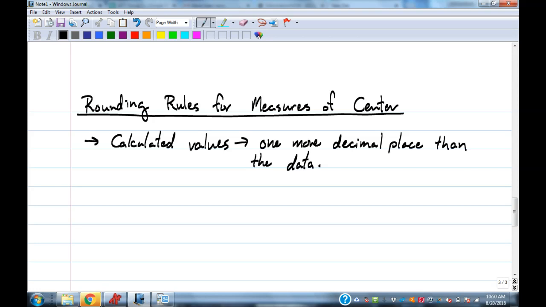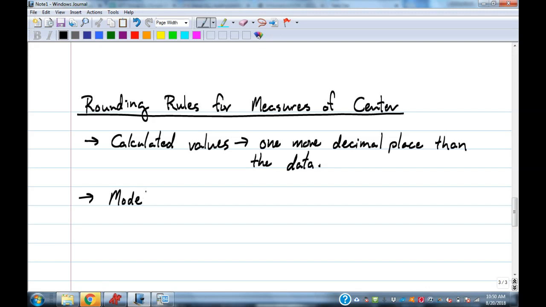So calculated values, any of the things you're going to have to calculate, you're going to go one more than the data values themselves. What measure of center have we not talked about that's not calculated? That we've talked about already. Mode. Do you ever calculate mode? No, because mode is just which one occurs the most, right?